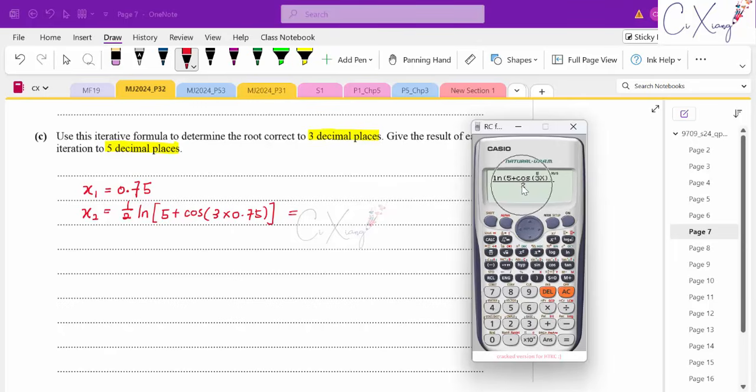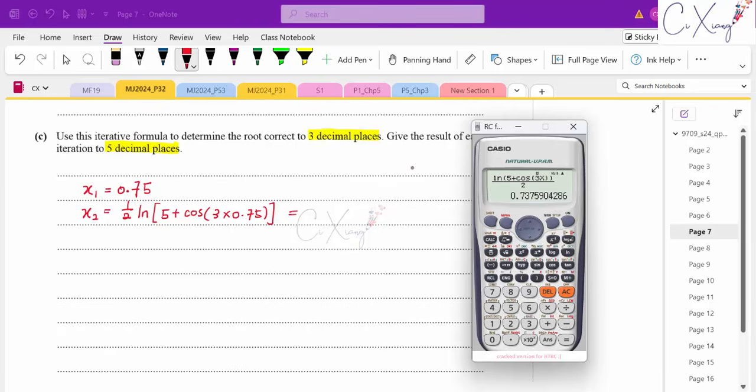First, key in the formula, then press the calculate sign. It asks what value of x you want to put in, so we put in 0.75, then press the equal sign. This is the answer you get for x2.